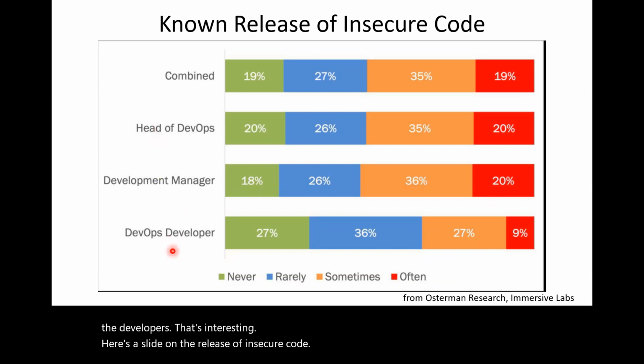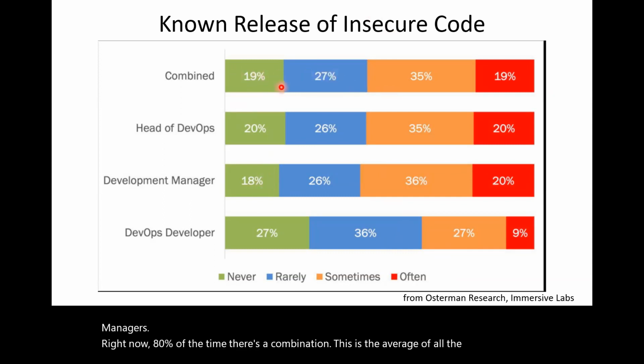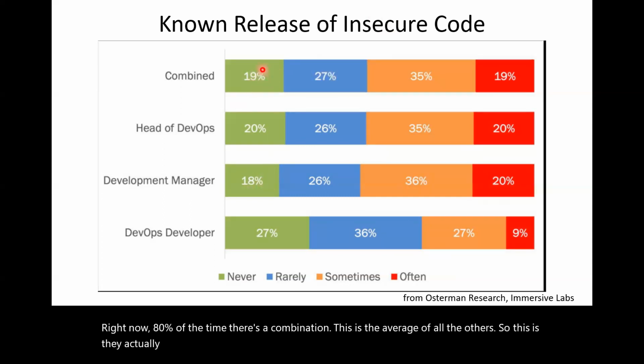Here's a slide on the release of insecure code. We have the different groups, developers, operations, and do they release secure code? Managers, about 18% of the time. Here's a combination, the average of all the others. So do they actually ever release insecure code? Well, 19% of the time they think they did. Excuse me, that's wrong. That's the other side.